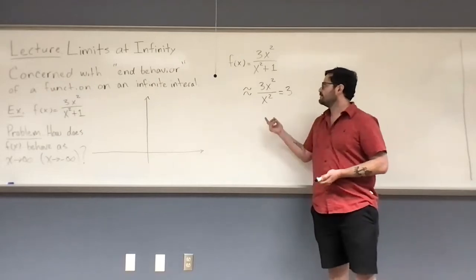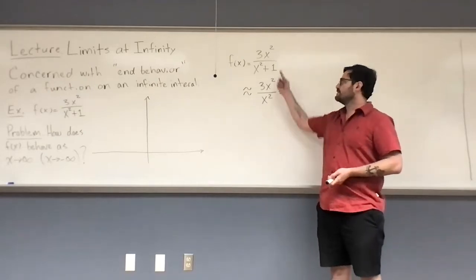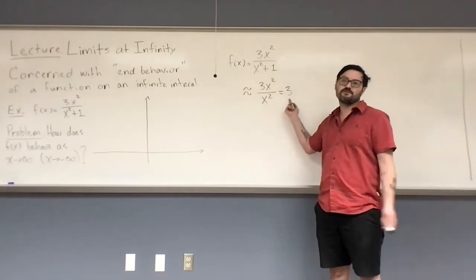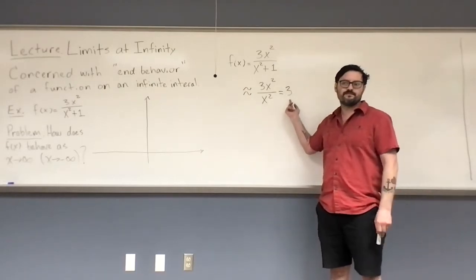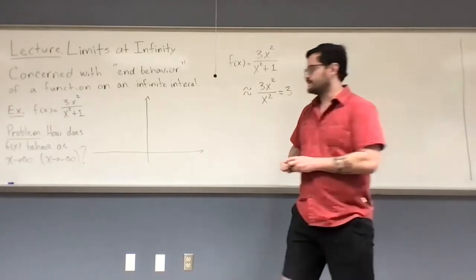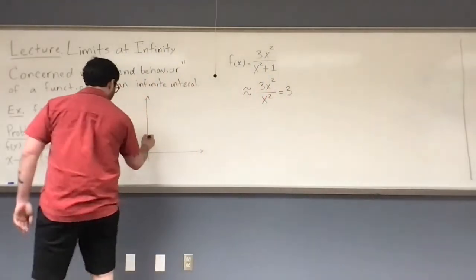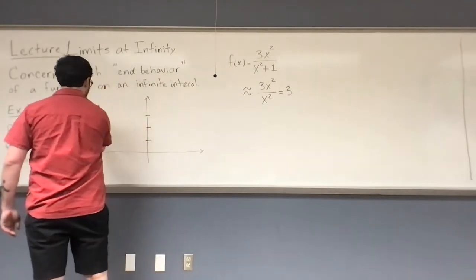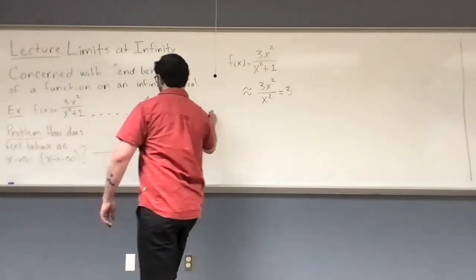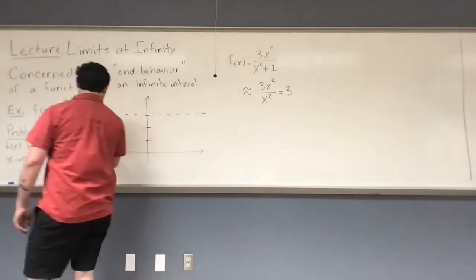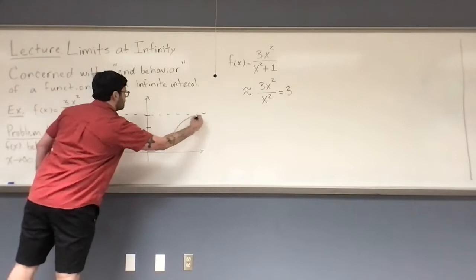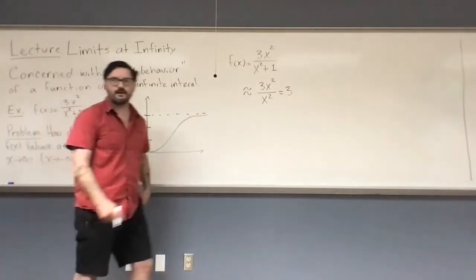So in both cases, I think this function is going to behave like 3. And if I draw the graph of the thing, it looks like this. It's like 1, 2, and 3. And the function looks like this. That's the graph of that function.